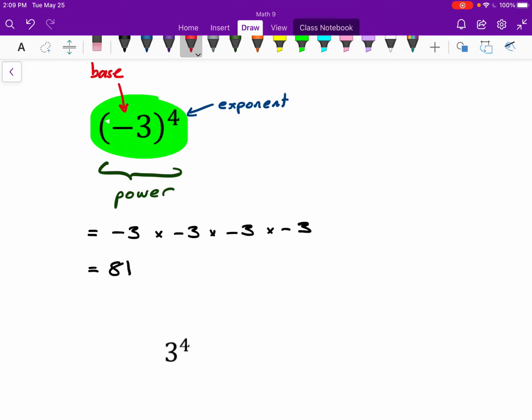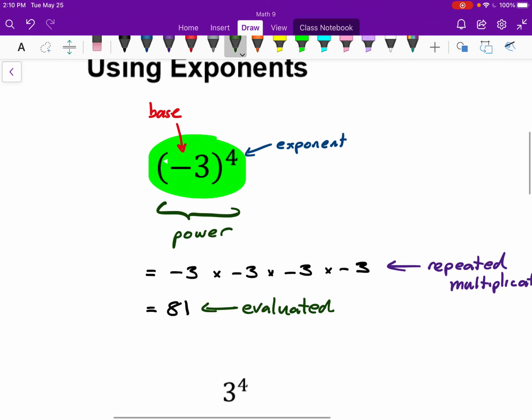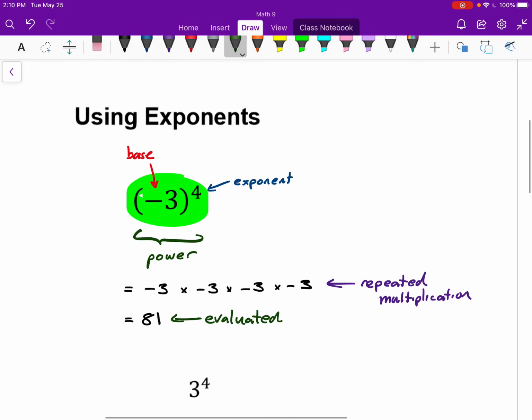And then the second one was the repeated multiplication. Again, anytime you have repeated multiplication, you can write it as a power, and vice versa. And you can evaluate any power.